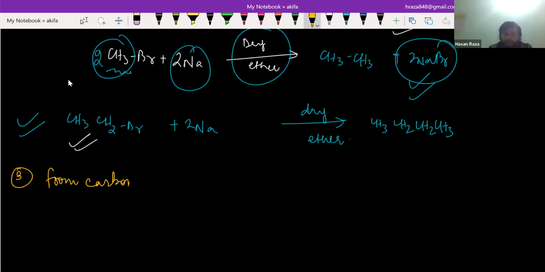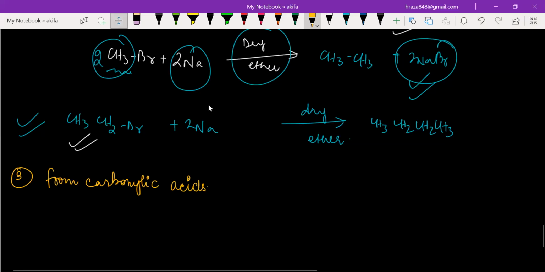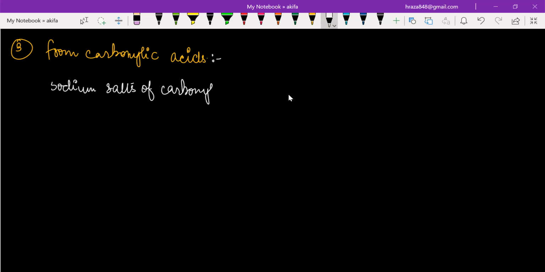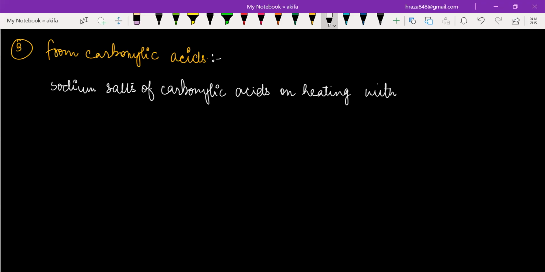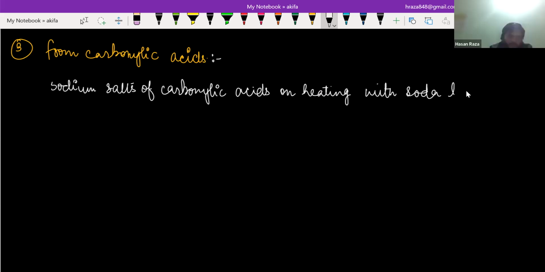Sodium salt of carboxylic acid on heating with soda lime. Soda lime is basically a mixture of NaOH, sodium hydroxide, and calcium oxide.